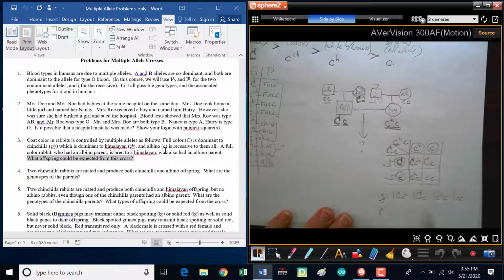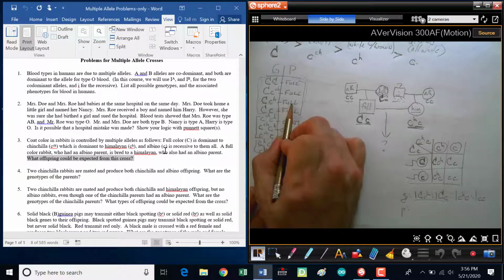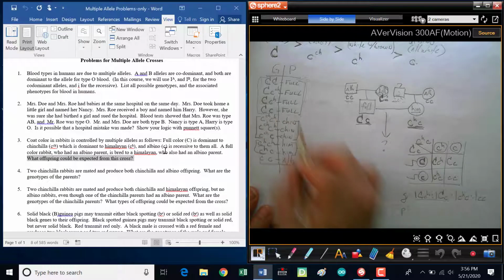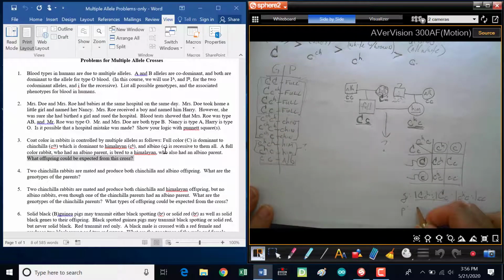However, since both of these have a big C, you go back over here. This one's phenotype is full color, and this one's phenotype is also full color. Both of these, 2 out of the 4, are actually full color. They have different genotypes, but the same phenotype.